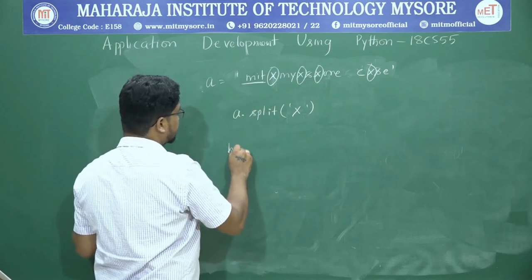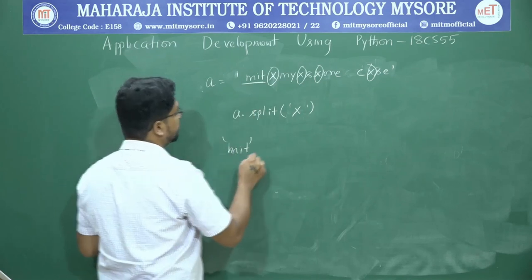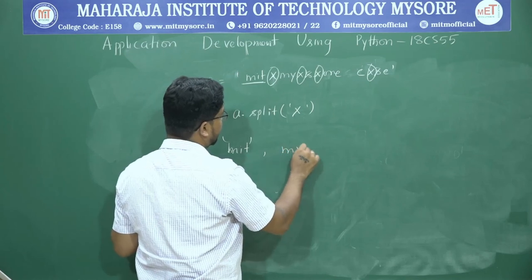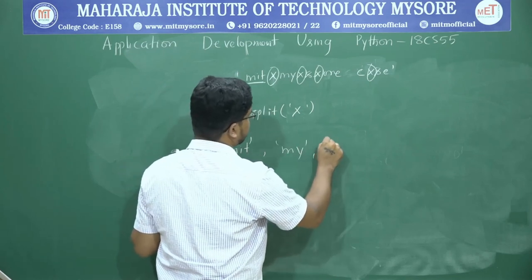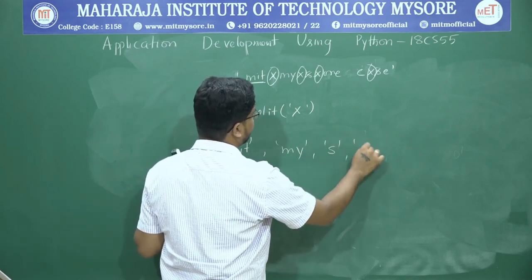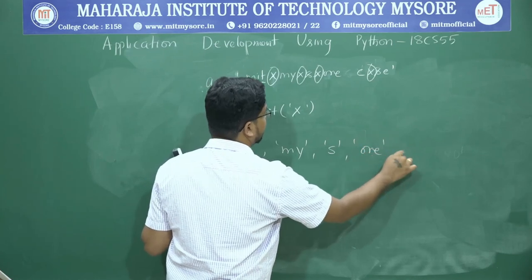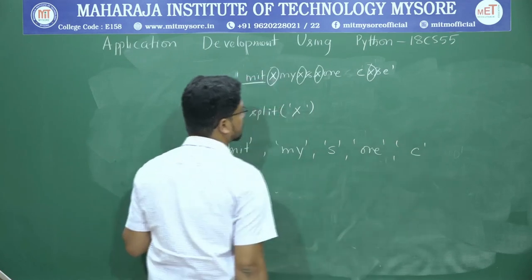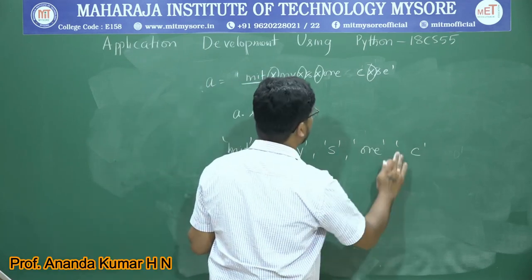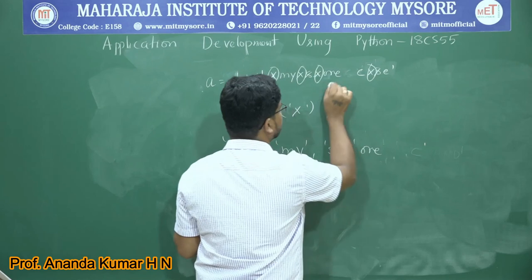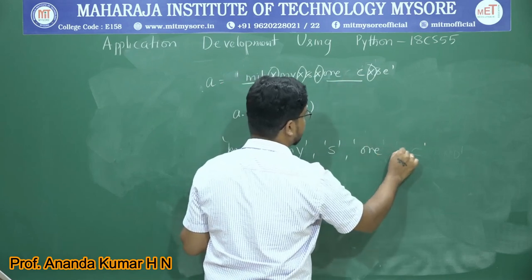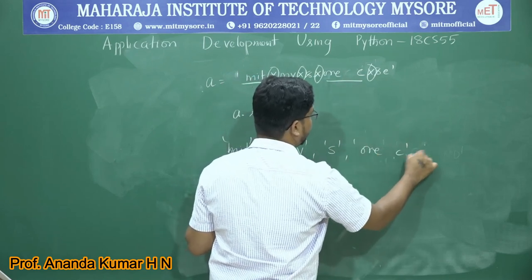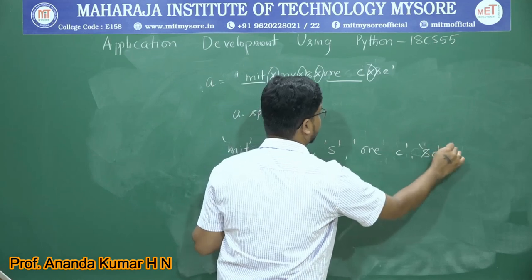The first word will be MIT. The second word will be MY. The third word will be S. The fourth will be ORE. Then space C is the next word, followed by SE.